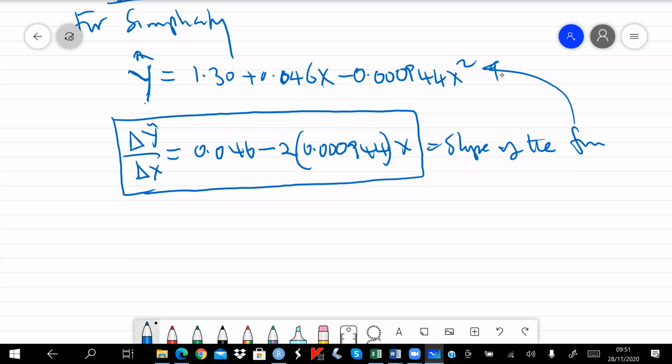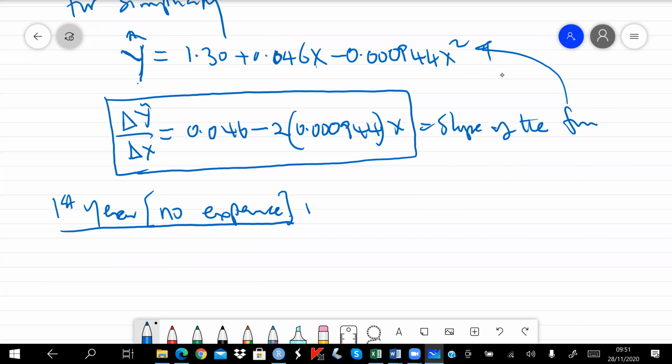For instance, we want to see the kind of relationship we have between experience and wage. In the first year, that is when there's no experience, for someone who has no experience, what is the estimated wage? That is when X is equal to 0, the number of years of experience is equal to 0.